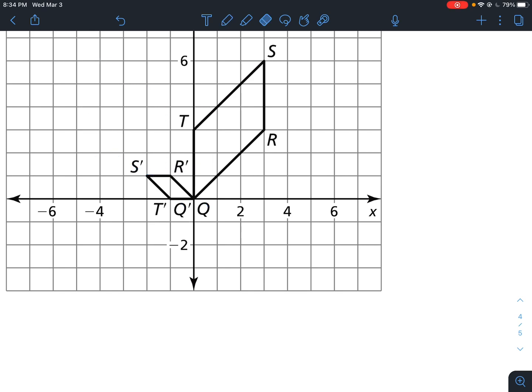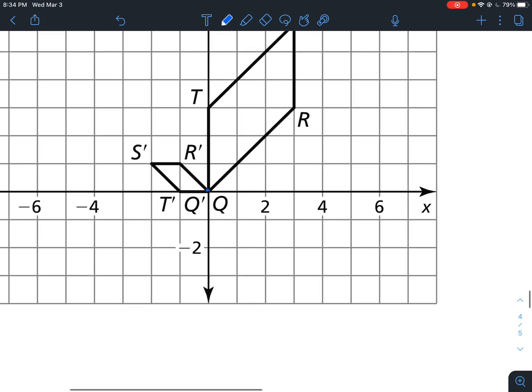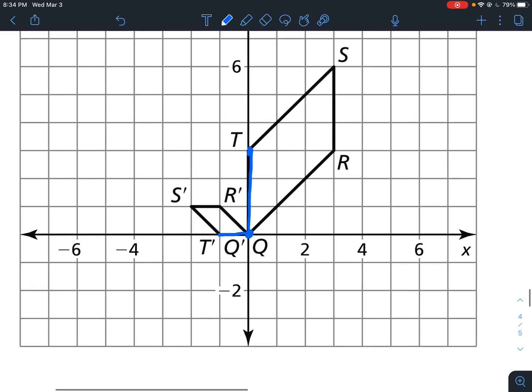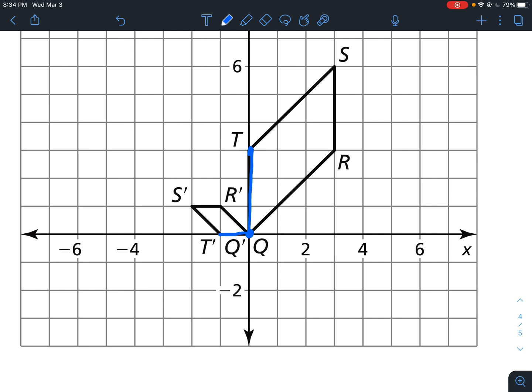So notice also that Q and Q prime are in the same spot, but Q and T is horizontal on the smaller figure on the left, but on the bigger figure on the right, Q and T are vertical, which has to mean that in order to get from this figure to this figure, I'm going to have to rotate 90 degrees, because I need this line to match up with this line right here.